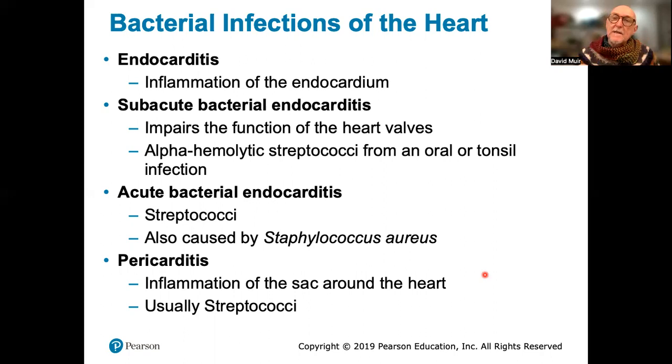And the reason for that is the valves operate mechanically, and the heart is mechanically pumping liquid, which causes eddies and swirls, you can think of them like whirlpools around the valves as they open and shut. There are areas of low velocity where bacteria can actually settle on the surfaces of the heart.